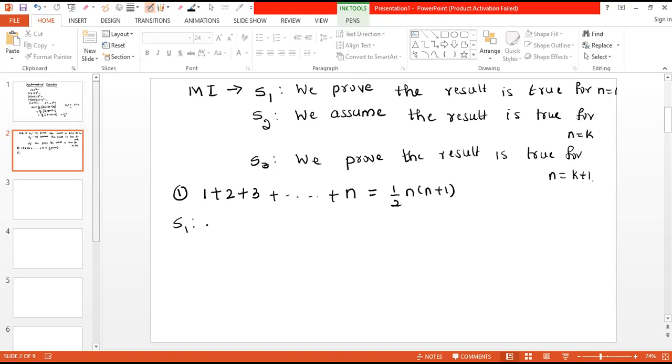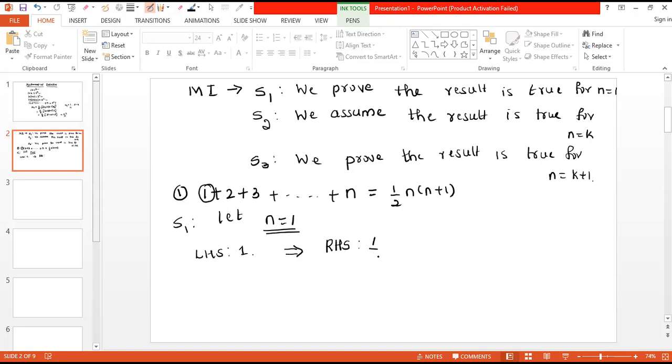So step number 1, if I take n equal to 1, then on the left hand side, when n is equal to 1, I have to consider only the first term, that is LHS is equal to 1. Now for the RHS, wherever n is there, put 1.